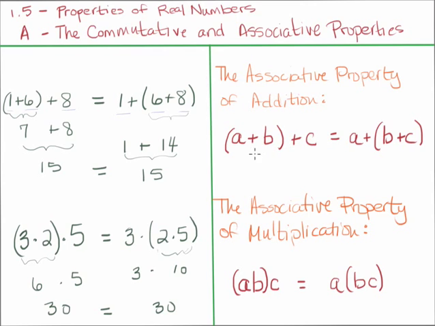Notice here I'm not combining multiplication with addition or division. In this example, I'm not using any addition or subtraction. It's only multiplication. Multiplication can be done in any order, as long as it's the same three numbers and only multiplication is being used. Addition can be done in any order, as long as it's only addition and the same three numbers are involved.